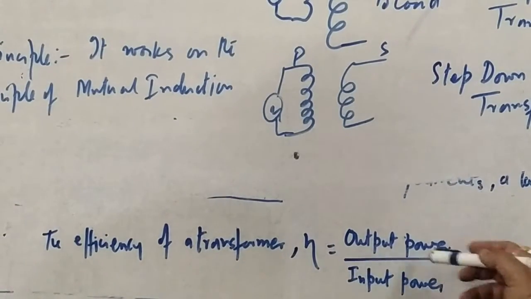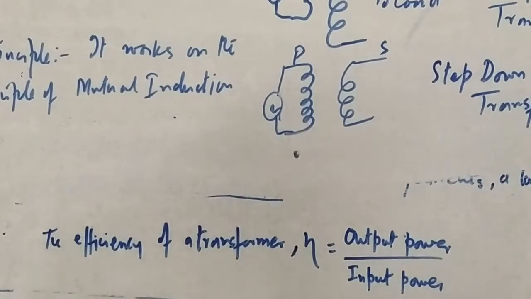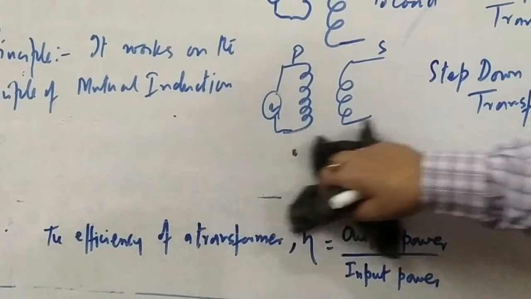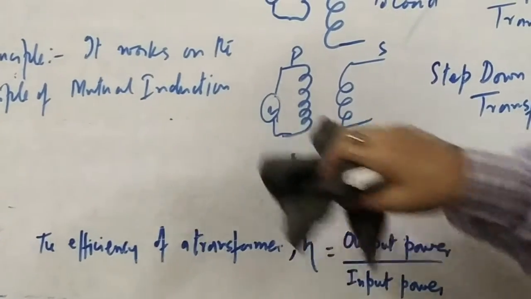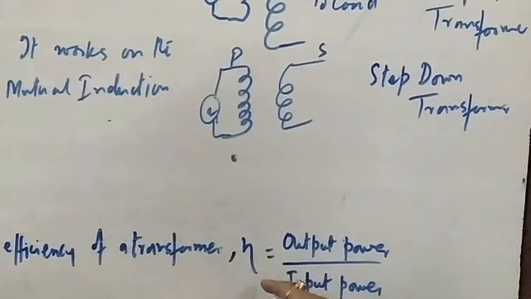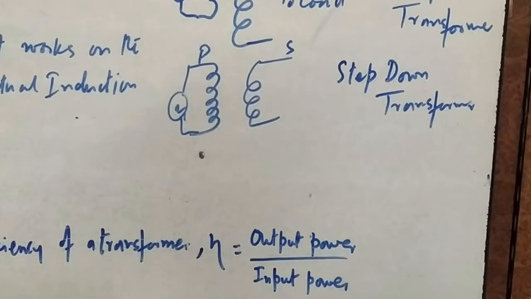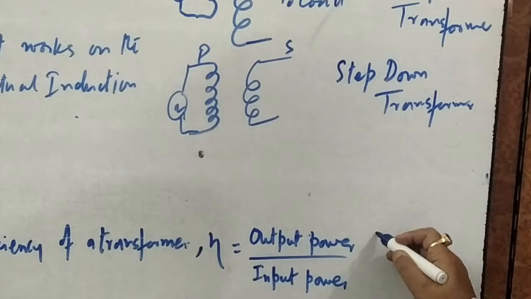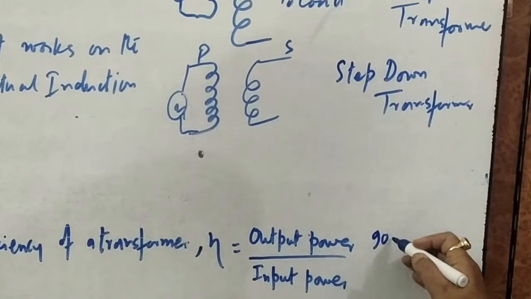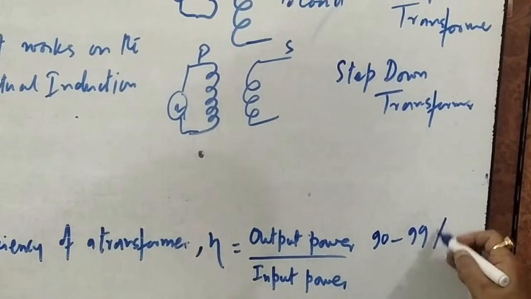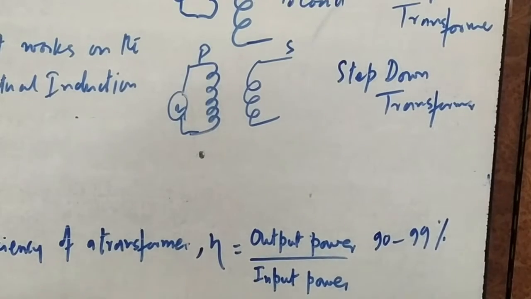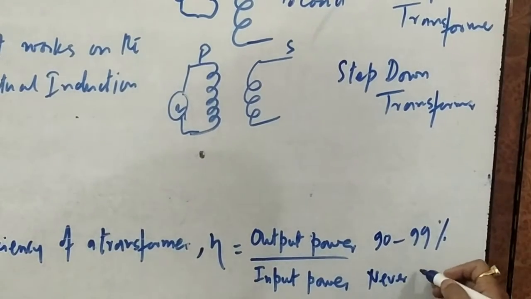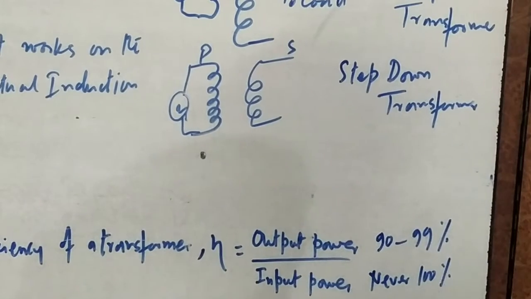Mostly we have output power upon input power, and that ratio is called efficiency. It is denoted by eta, and mostly we have its value from 90 to 99%. This much is efficient, but never can we have 100% efficiency.